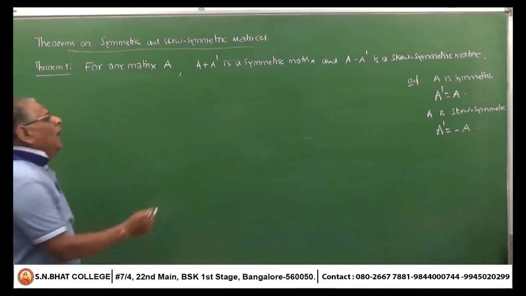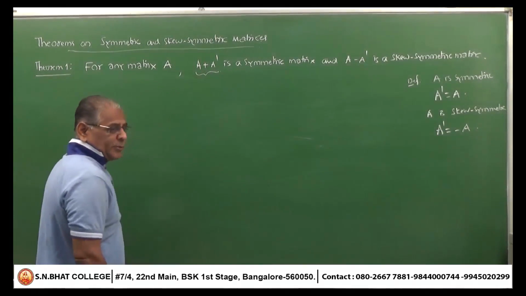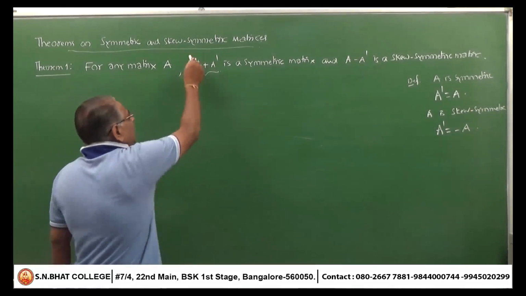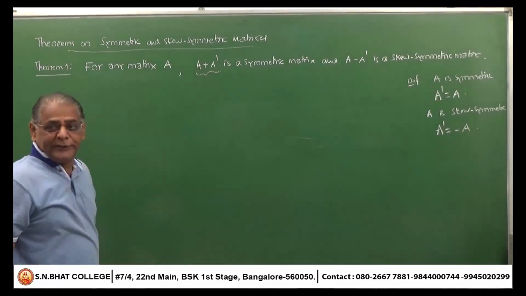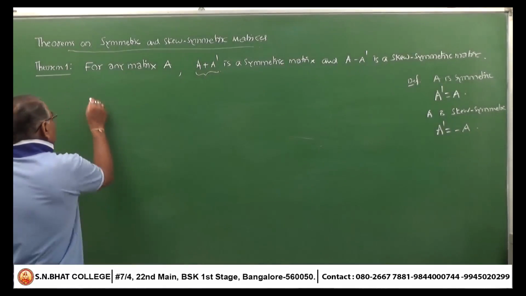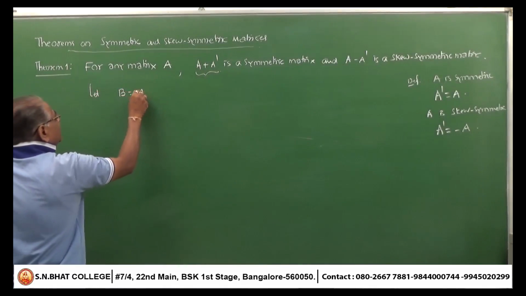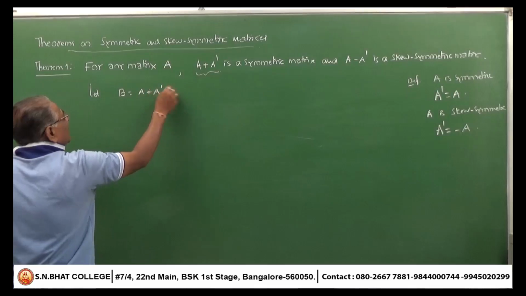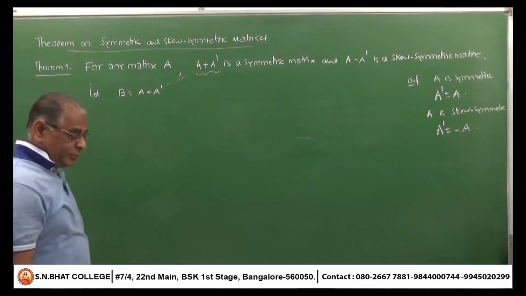I have to show that A plus A transpose is a symmetric matrix, which means its whole transpose must be equal to A plus A transpose. First, let B be equal to A plus A transpose.